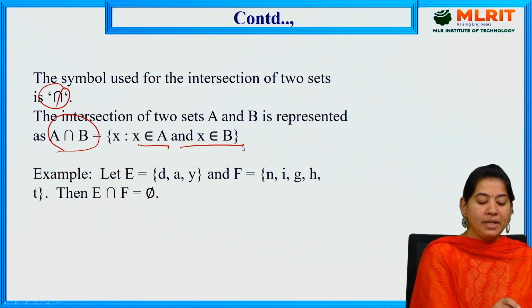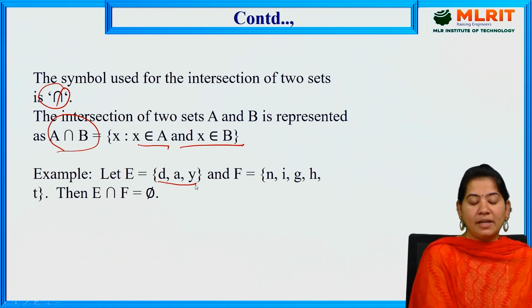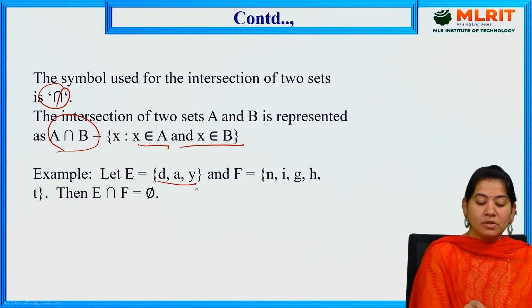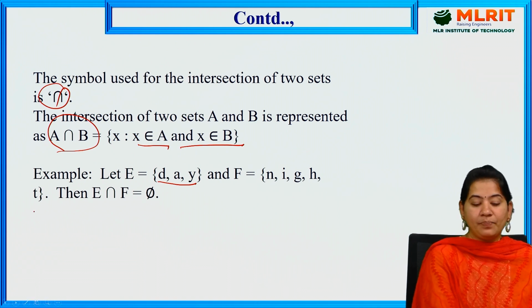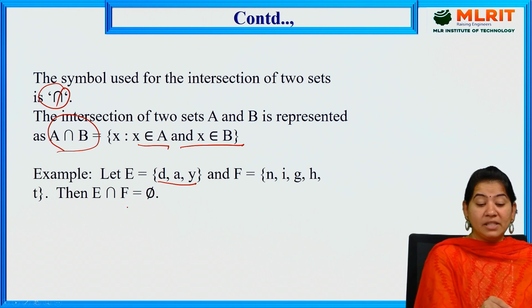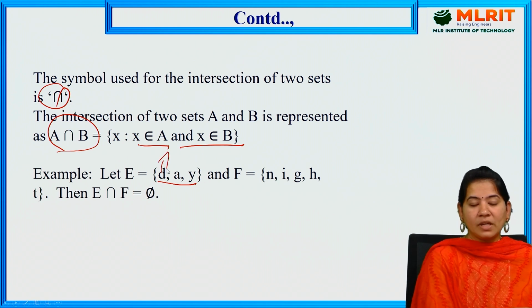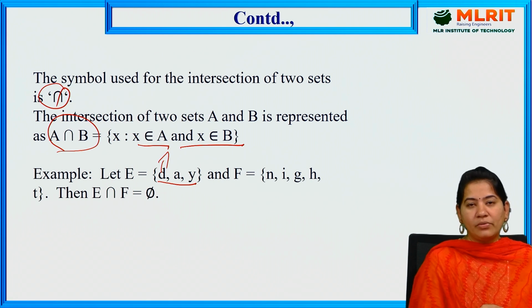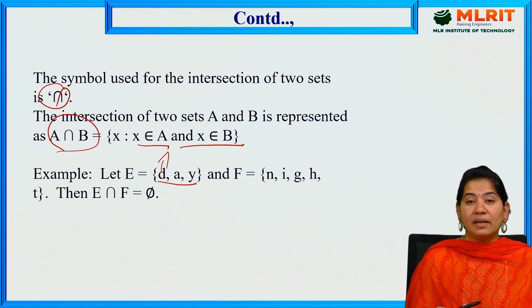For example, let E equal D, A, Y and F equal N, I, G, H, T. Just observe that this is not the words day and night. These are elements: D is one alphabet, A is one alphabet, Y is one alphabet, N is one alphabet.